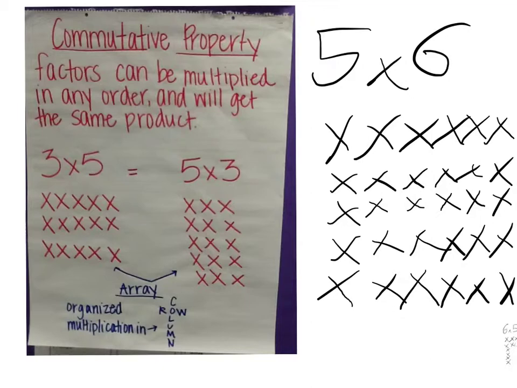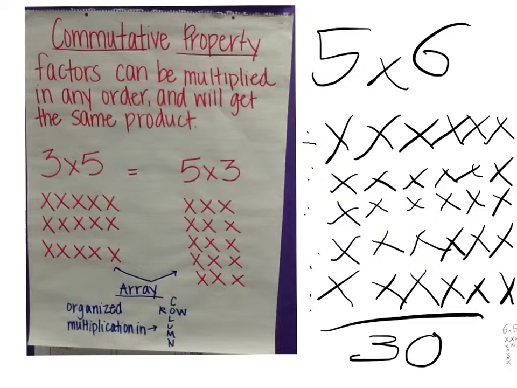Now we're going to do the answer. Since there are 6 in each, you may count 5, 10, 15, 20, 25, and then 26, 27, 28, 29, 30, and so your answer would be 30.